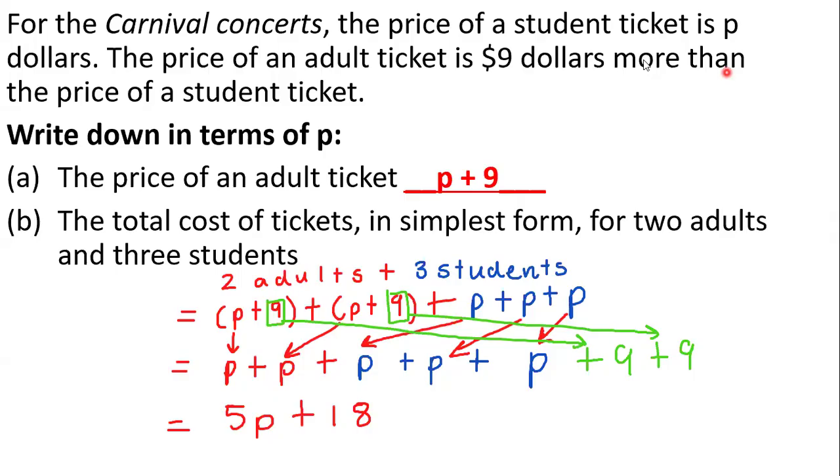What's your question? I was wondering if any question with brackets and a number outside, if you could do that with all of them. That's correct. You can. Once you have a number up front and you have it in brackets, you could distribute. Yes, sir.